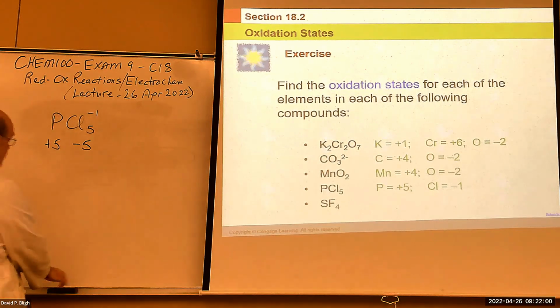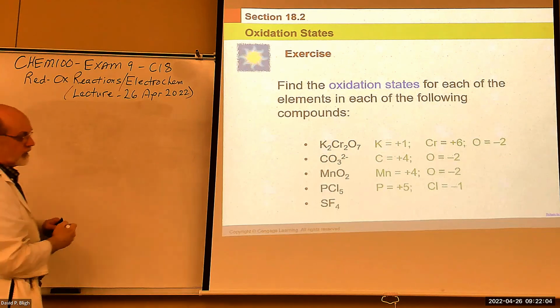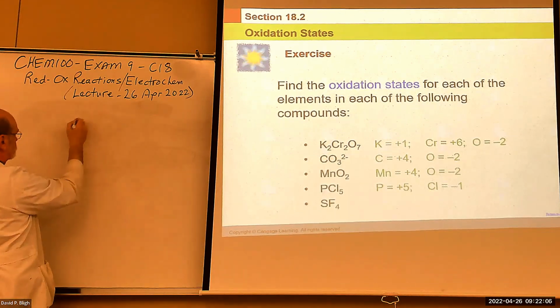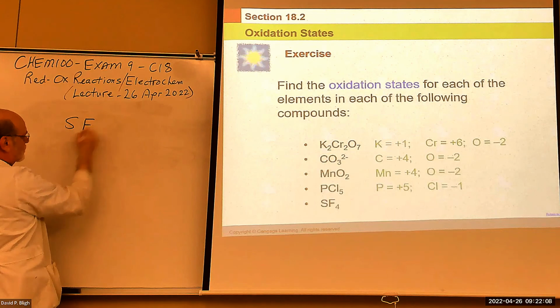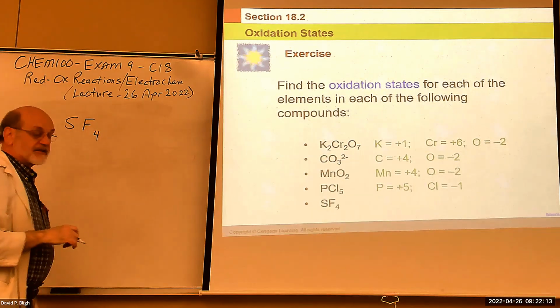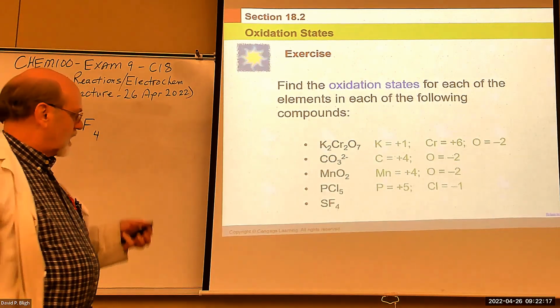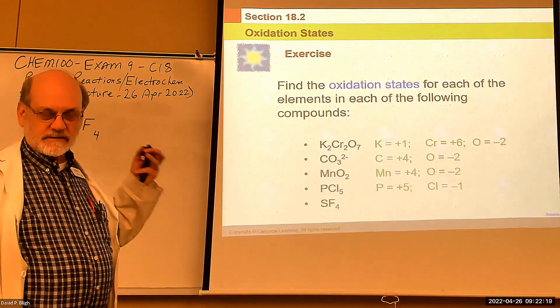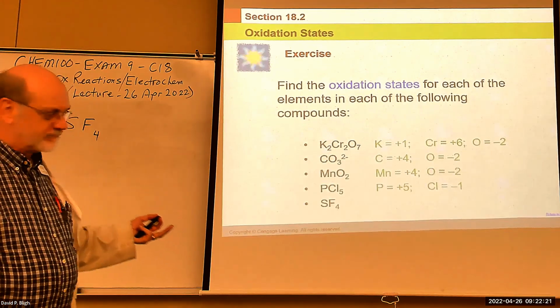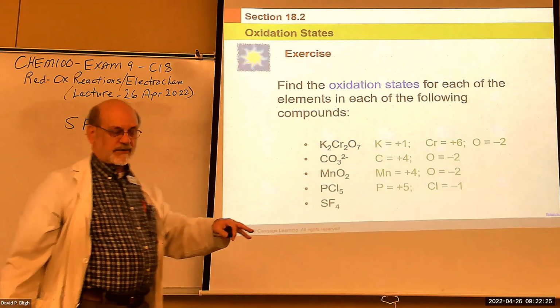Okay. Now the next one is fairly straightforward because we do have a rule for fluorine. SF4. I should have named the previous one, phosphorus pentachloride, because this is a type 3 compound for naming purposes.